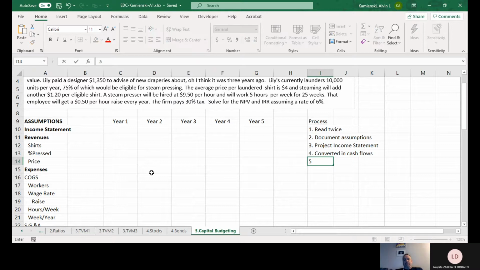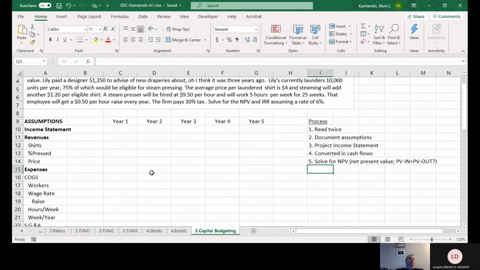And what we're going to do with those cash flows is solve for what we call NPV, which is net present value, where what we will look at is basically, is the present value of the cash flows we get in greater than the present value of the cash flows that go out?